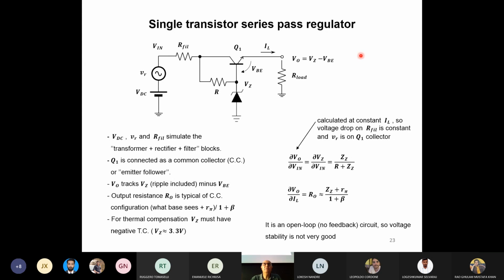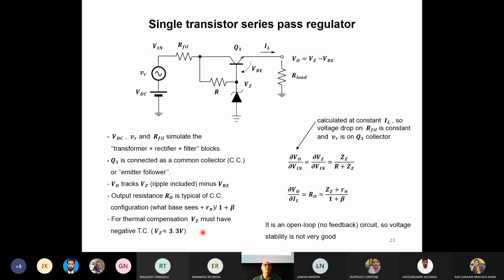Beta is not very large, maybe 50, but GM is proportional to the current. It's 40 millisiemens for 1 milliamp. Here we are working with 1,000 milliamps. So the GM is enormous, and this means that the R pi will be very small. So actually, the output resistance could be very small.